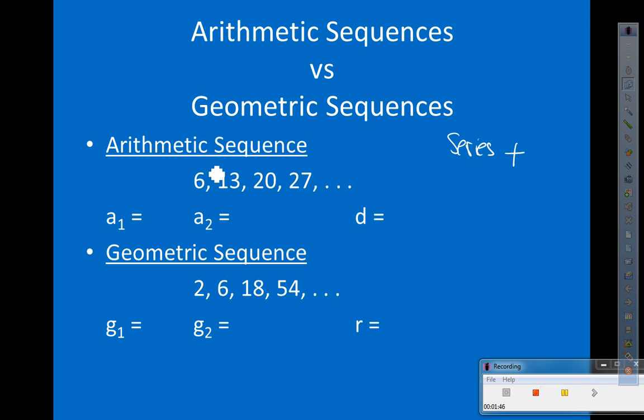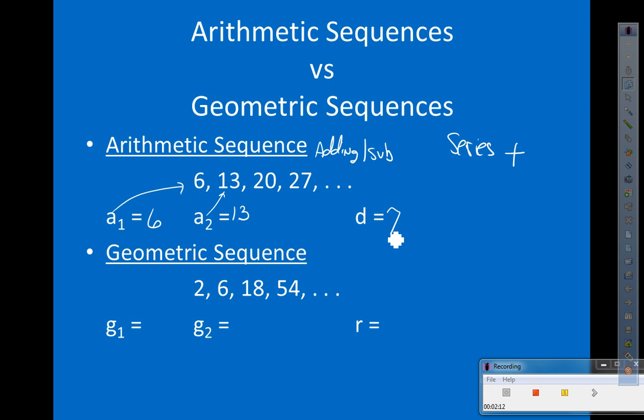It's arithmetic because we are adding or subtracting the same number every time. Notice I'm adding 7, adding 7, adding 7. The terminology you'll be familiar with: a sub 1 is 6, a sub 2 is 13, and d for difference, in this case, is 7.